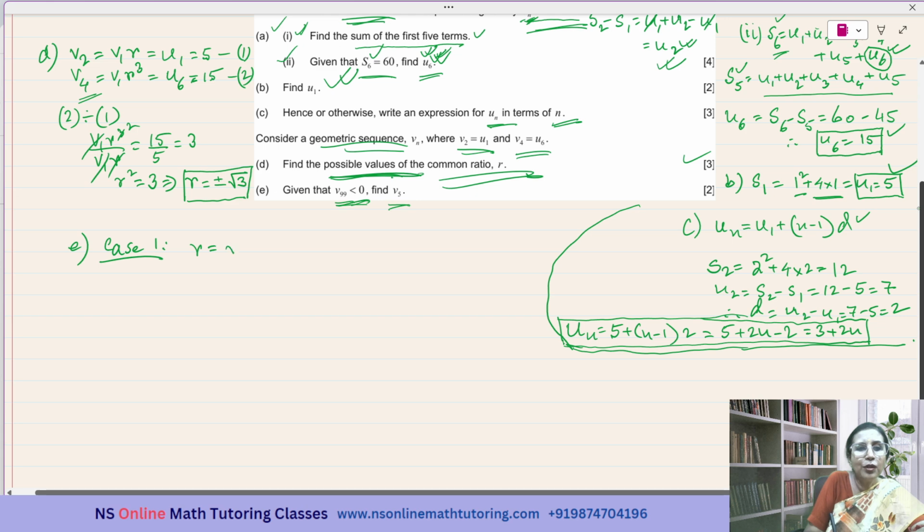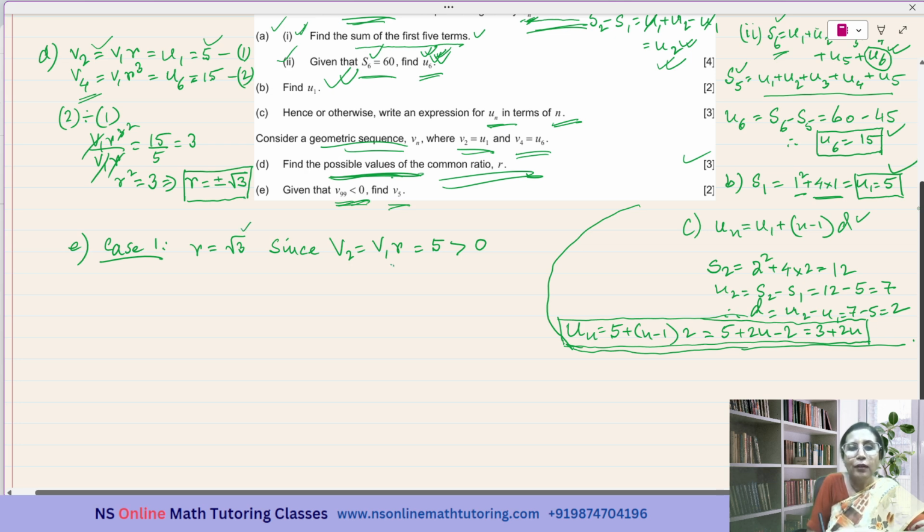First, I'm taking case 1. R equal to positive root 3. And we are seeing the V2 value is 5. Since V2 equal to V1R equal to 5, greater than 0, 5 is obviously a positive number and R is a positive number.